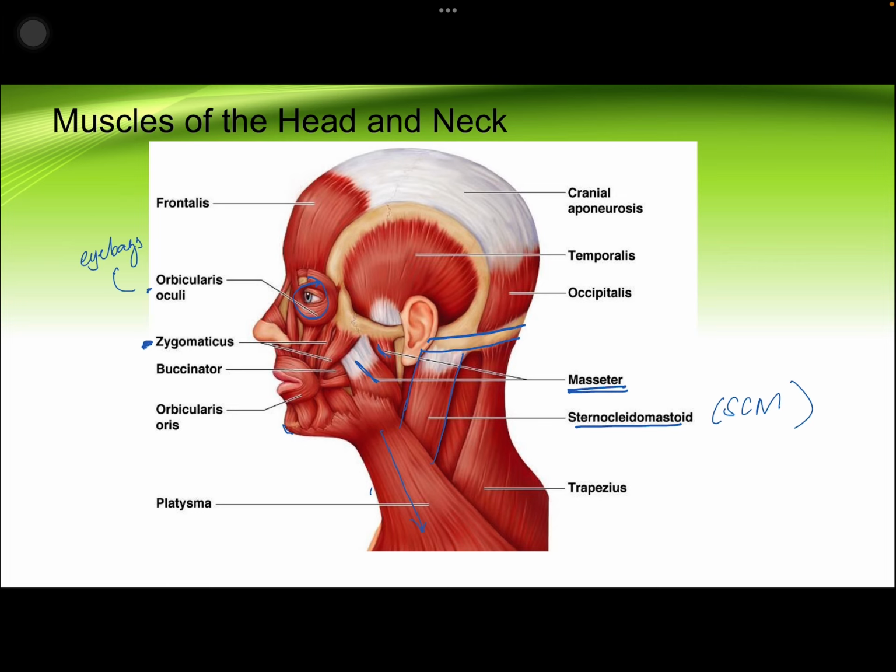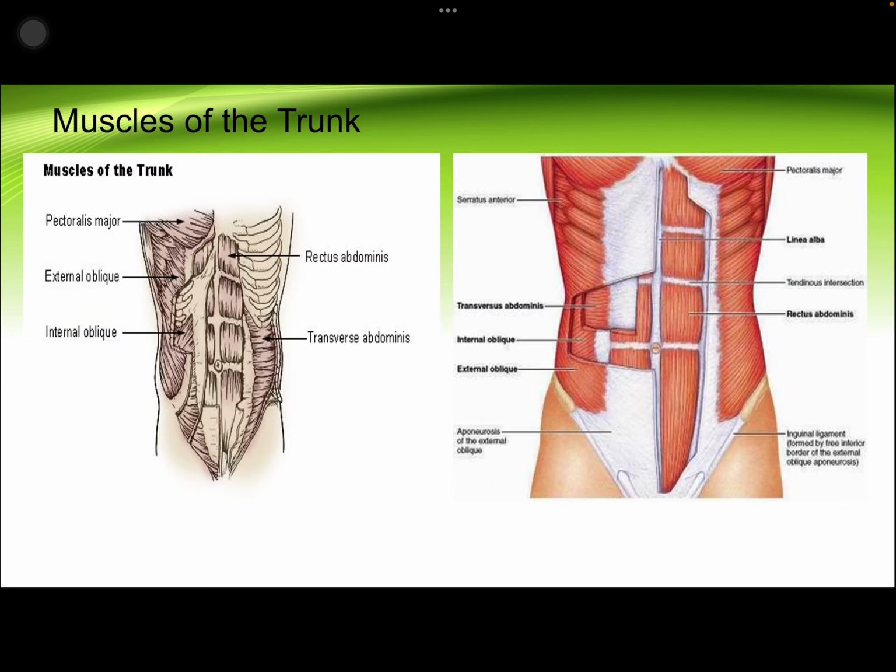Then we have the buccinator, found here. It is a muscle of smiling. And next you have your orbicularis oris. Orbicular means it is circular, so it encircles the mouth, same as your orbicularis oculi, which encircles the eyes.